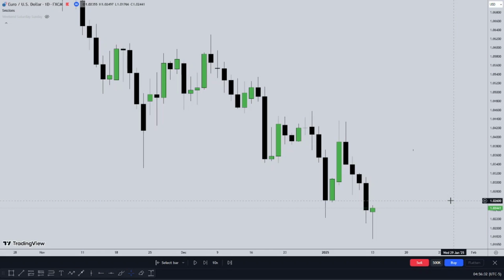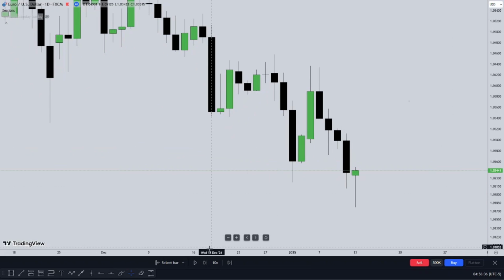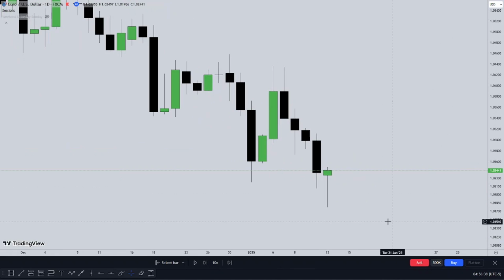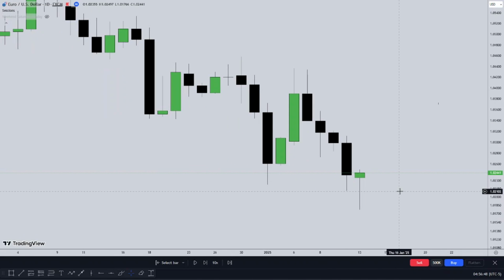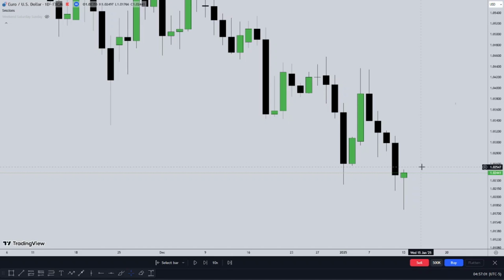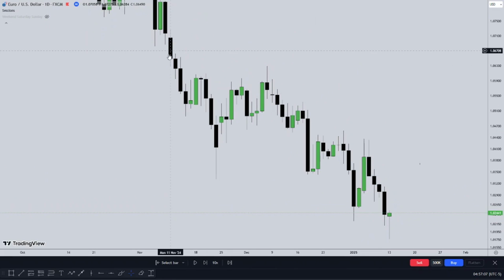This is the daily time frame of Euro USD. And on this daily time frame, I'm using trade replay to set it at the specific candle I'm trying to explain on. I told you this is going to be a hand-picked candle, so that I can talk about the bias first, before the lower time frame entry. The reason I'm using a hand-picked candle is because the Euro USD has been on a downtrend for a while.